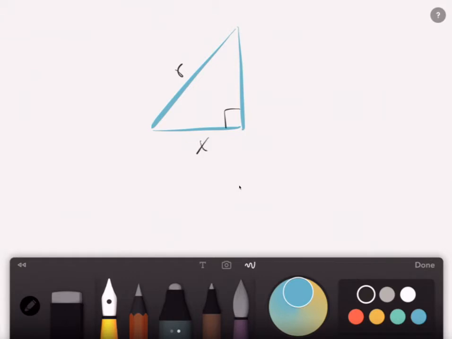This is going to represent our adjacent side to the angle, and this is going to represent our opposite side to the angle. So opposite, adjacent, and hypotenuse. We defined our trigonometric functions as so.